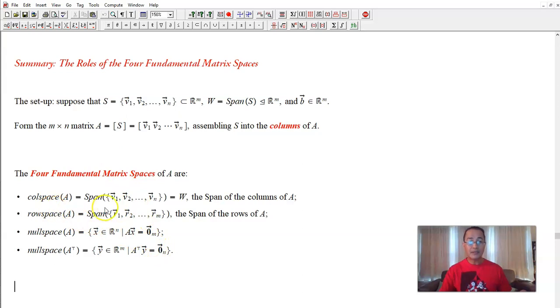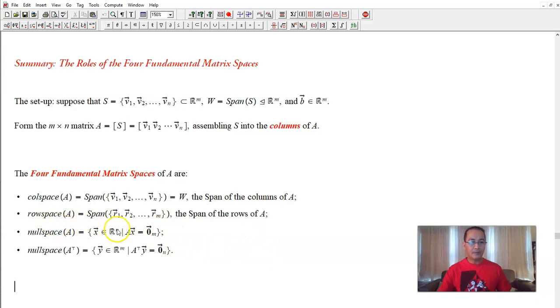The column space is the span of the columns of A, but we call the columns v1 to vn. In the definitions that we saw in 2.3, we called them c1 to cn. But this time, we made the vectors first before we made the matrix. Okay. So that's the column space.